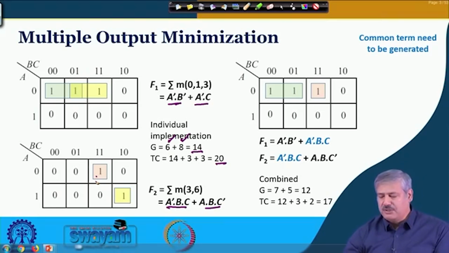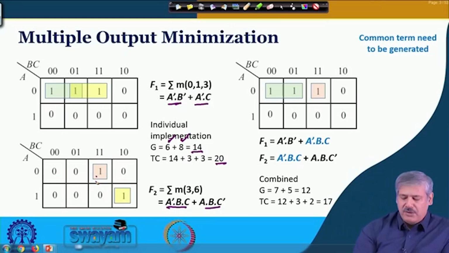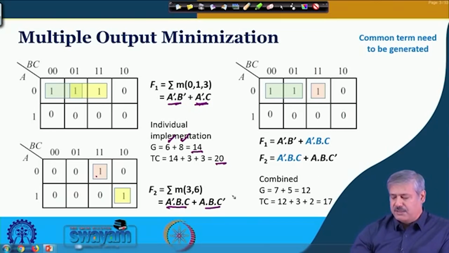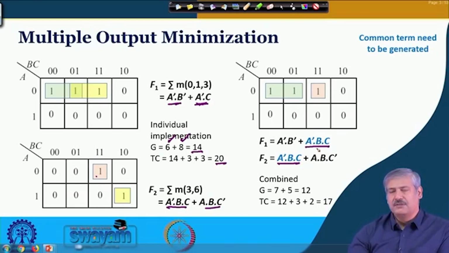Okay. So, there is another way you can realize it, where you are not generating A prime C over here, rather this A prime B C, which is generated, is being used. Okay. And in this case you have one shared term which is being utilized by both expressions. So, how does it help? It helps by reducing the gate count.